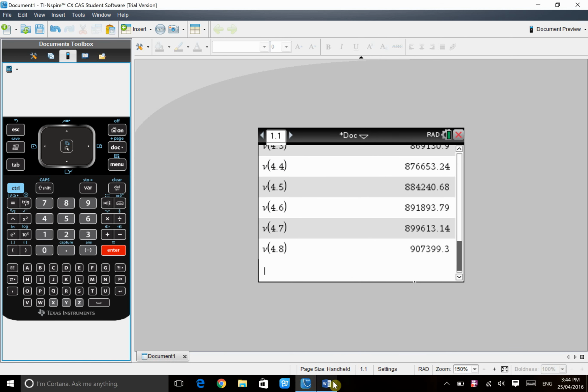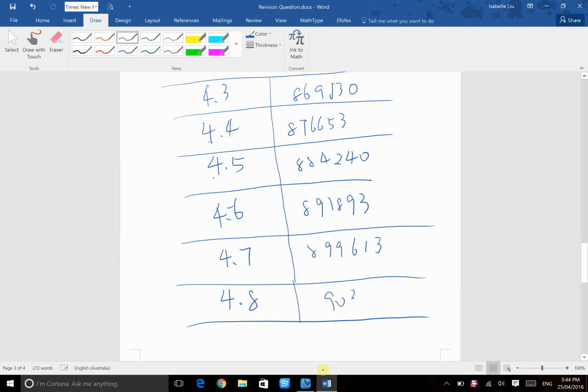Okay, 4.8 is over now. 907399. Okay, which means our value must be between 4.7 and 4.8. They are 2 consecutive numbers, and also one value is just below 900,000, the other one is just over 900,000.